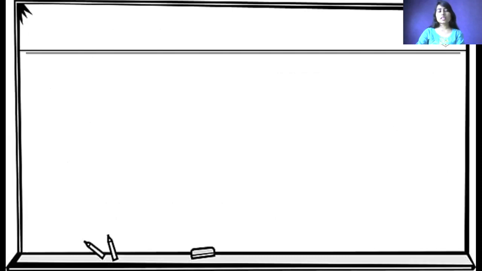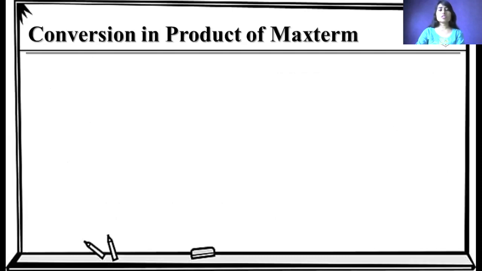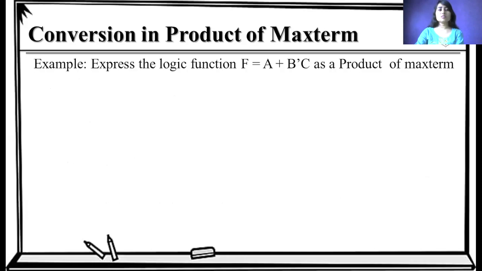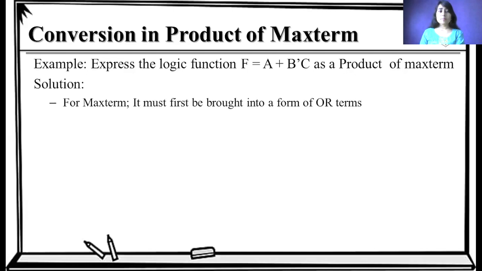Now let's take an example for conversion into product of max terms. Express the logic function F = A + B'C as a product of max terms. For max terms, it must first be brought into the form of OR terms. So here we have F = A + B'·C.